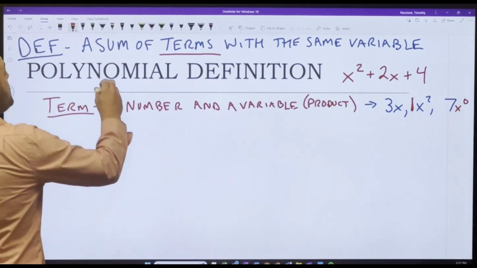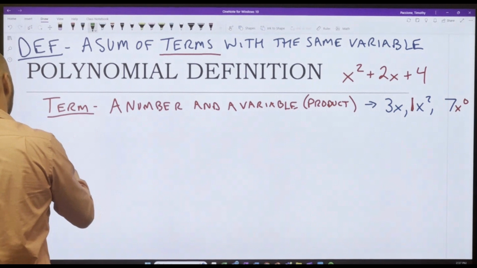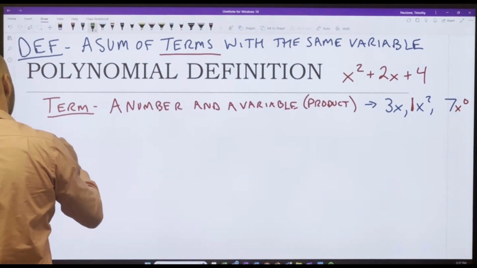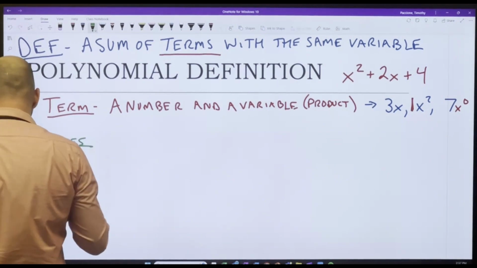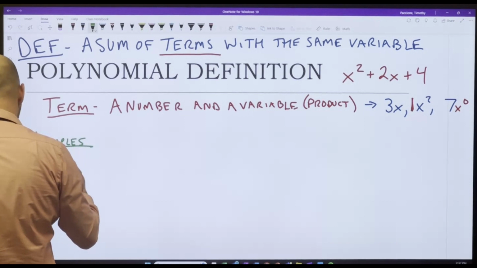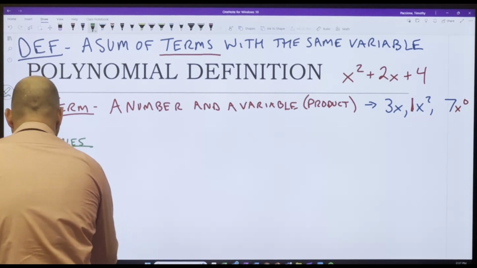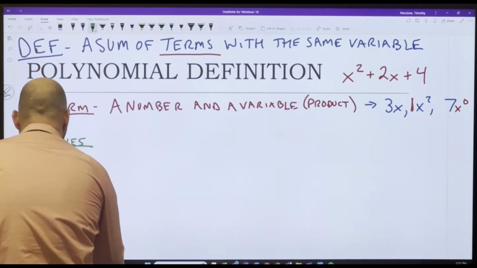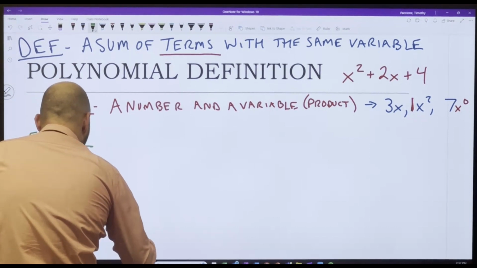All right, give me some more examples of polynomials. How about, let's go with 3x, x squared plus 5x, and let's go with 7x to the third minus 3x squared plus 10.